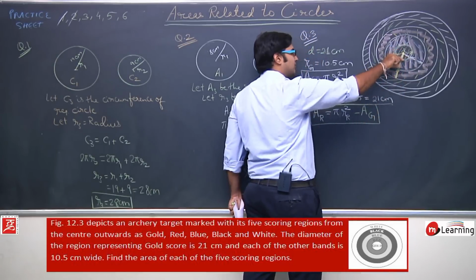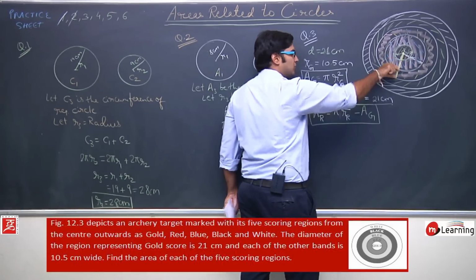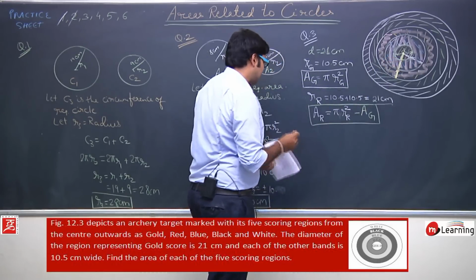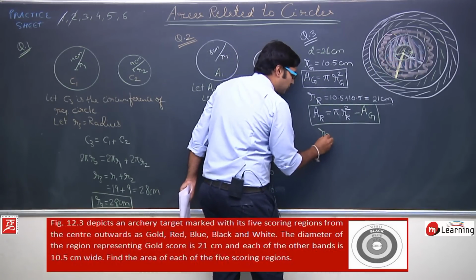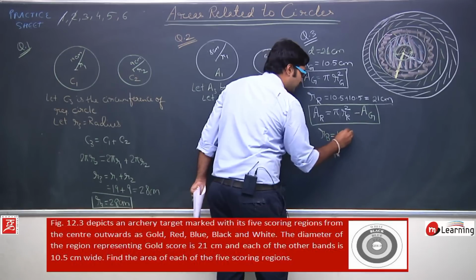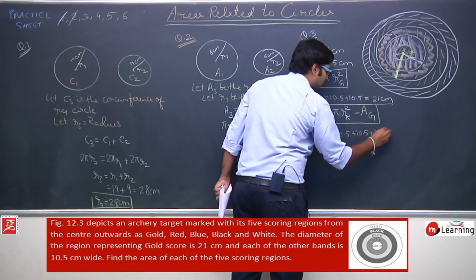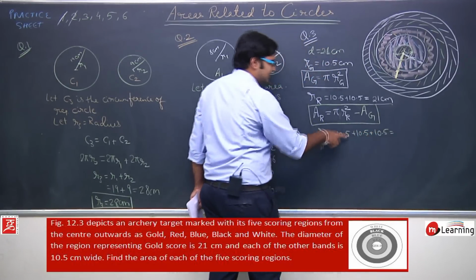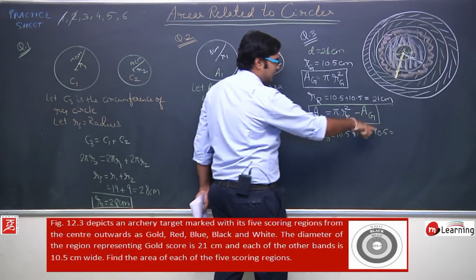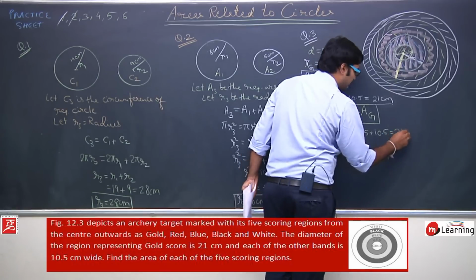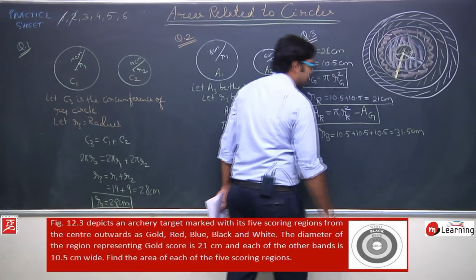So the radius of the blue region will be equal to 10.5 plus 10.5 plus 10.5. Let us calculate this. This will be 21 and 10 is 31, so this will be 31.5 centimeters.